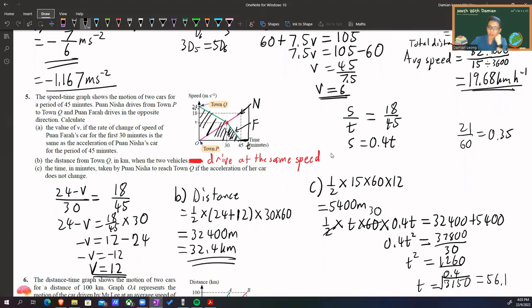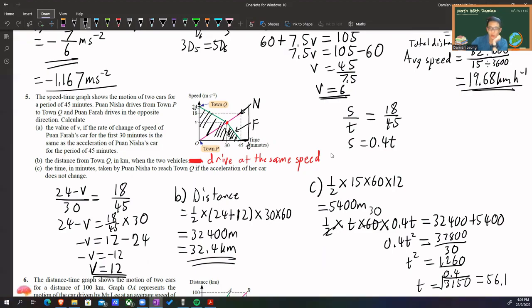So the question actually is wrong. I can confidently say the question has a problem to it, because like I said, this is a speed against time graph.